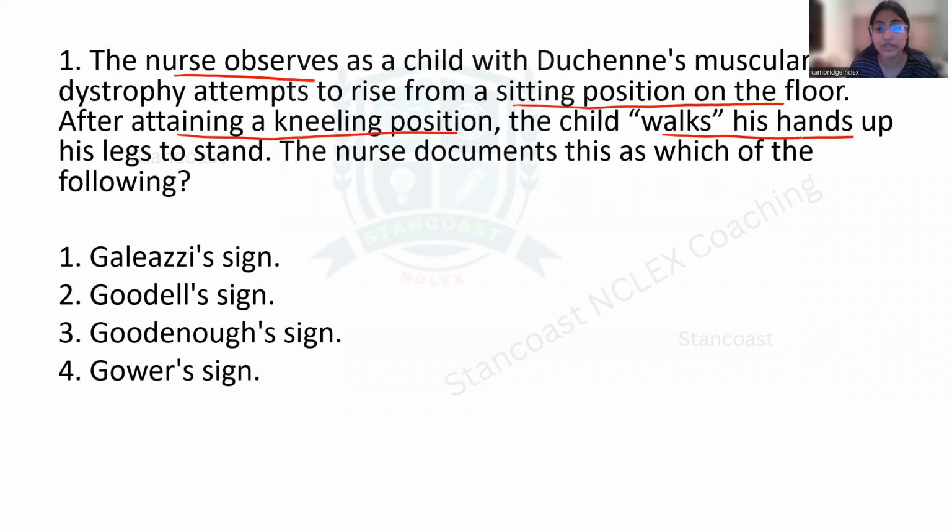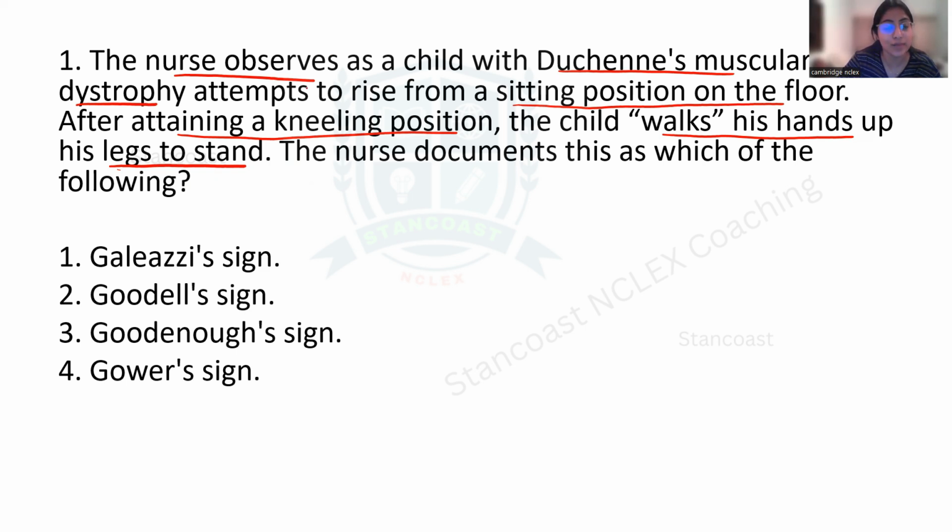So firstly, he is using his hands to walk, then steadily and slowly, he is using his legs to stand. Now, this activity is commonly seen in a child with Duchenne's muscular dystrophy. Patients with Duchenne's muscular dystrophy are seen to do this while standing and walking.